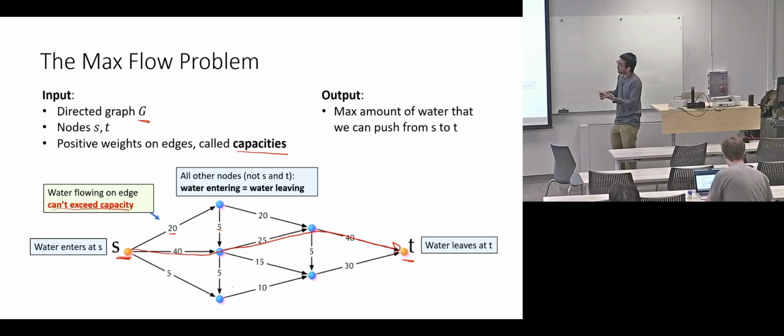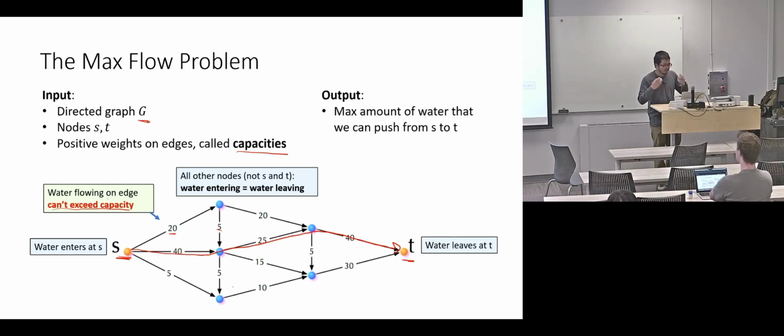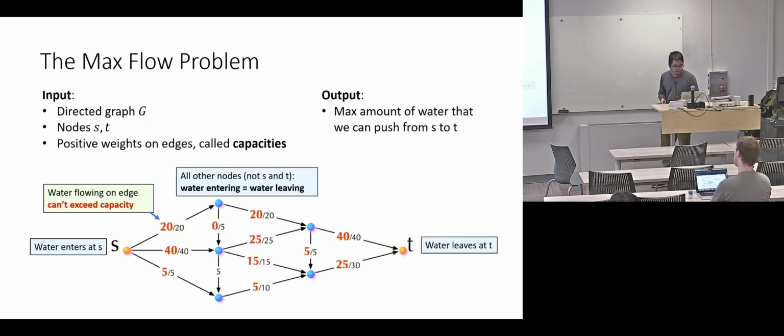So this is an intuition, the physical intuition, and it might help you. Let's see, for example, one example of flow. I send flow 20, with 20 units through this edge.